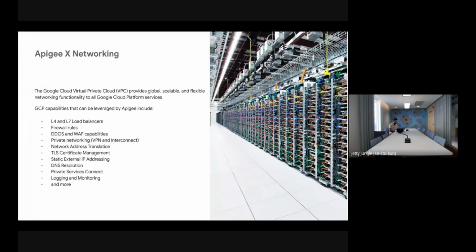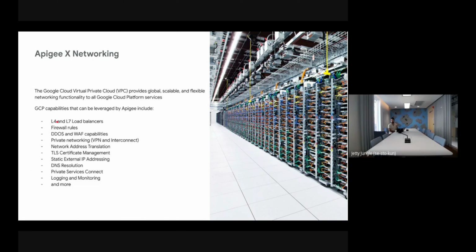So one of the benefits is also that when you use Apigee X, you get all of these capabilities of Google Cloud as well. For example, if you are using any load balancers, it's not something that is built in within Apigee. You use the load balancing options from GCP. You choose it from there, and then that's how the traffic would enter.